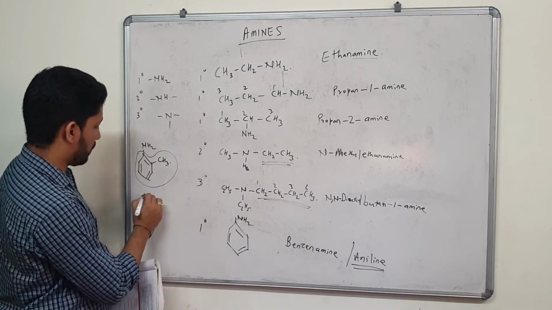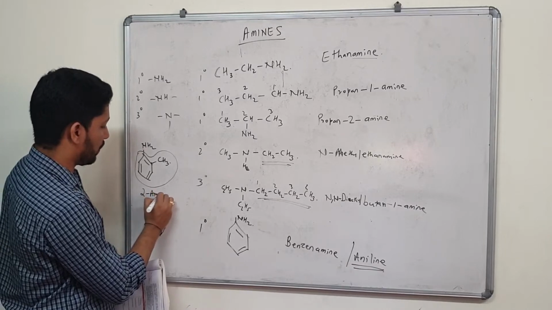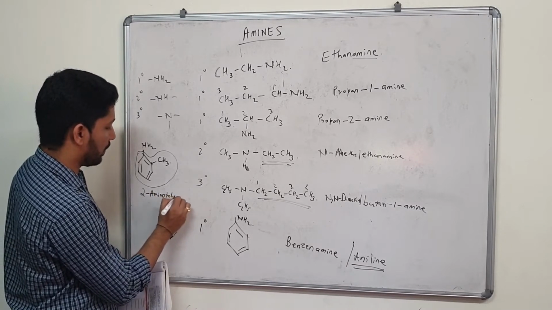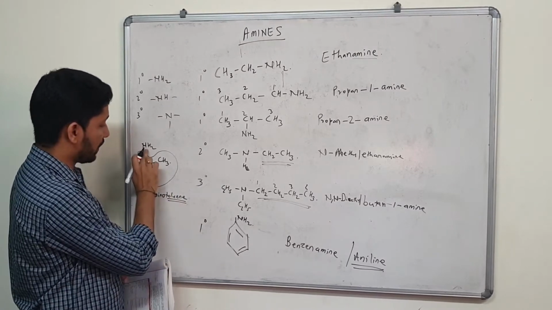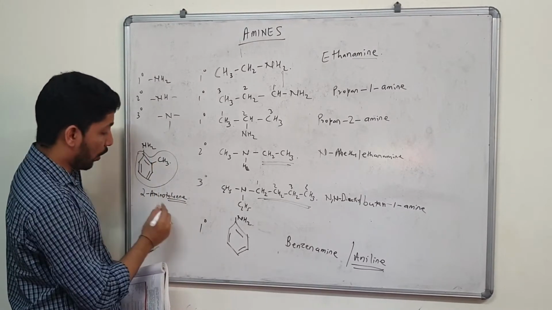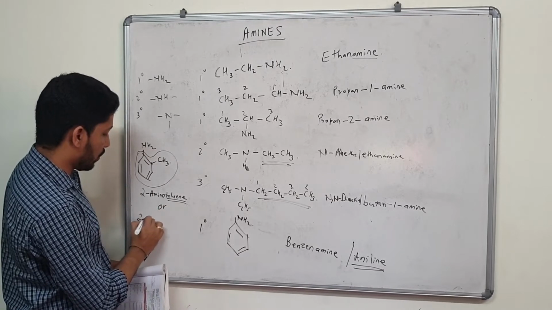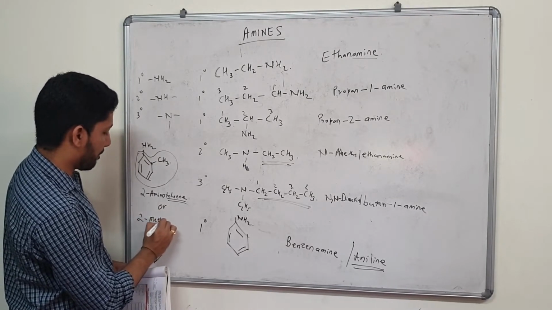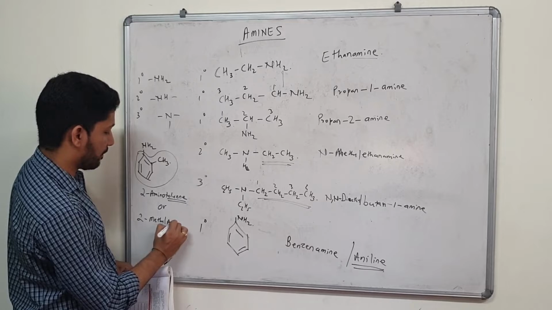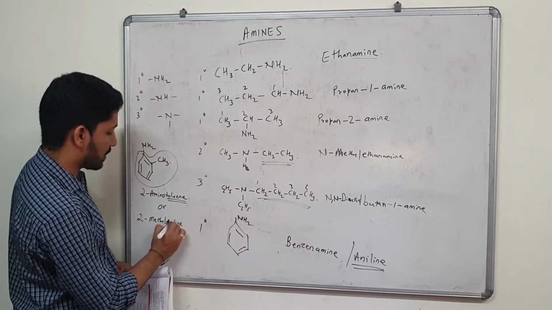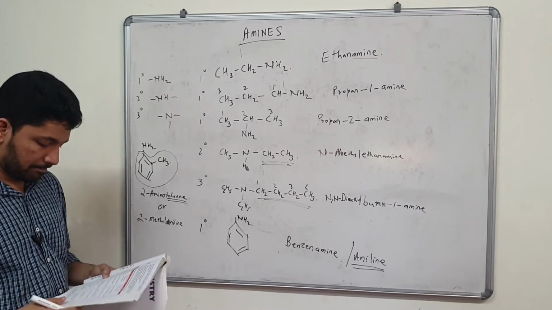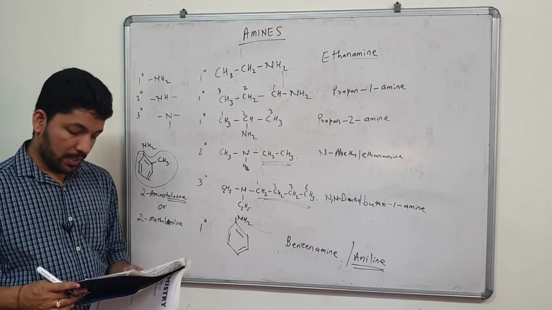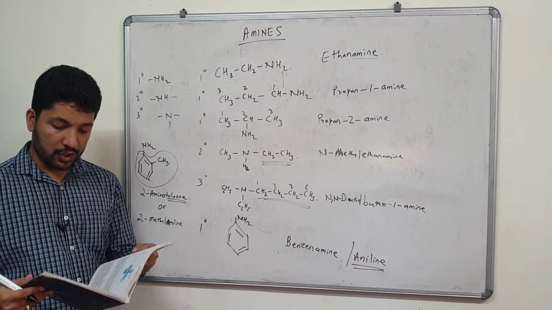You can name it as 2-amino toluene, where toluene is the benzene ring and CH3, and we consider the amine group as a substituent, or you can write it as 2-methylaniline. Mind you, this m is small. Both ways are correct, okay. So with this we finish nomenclature.